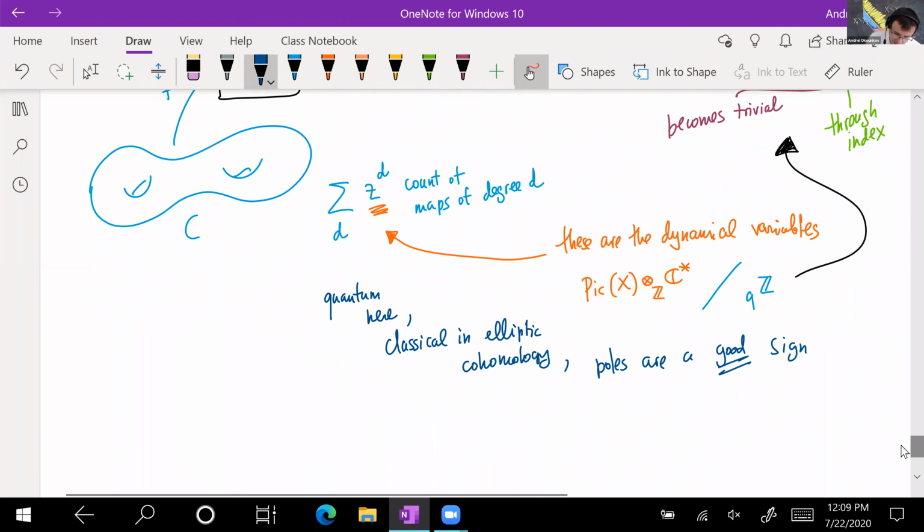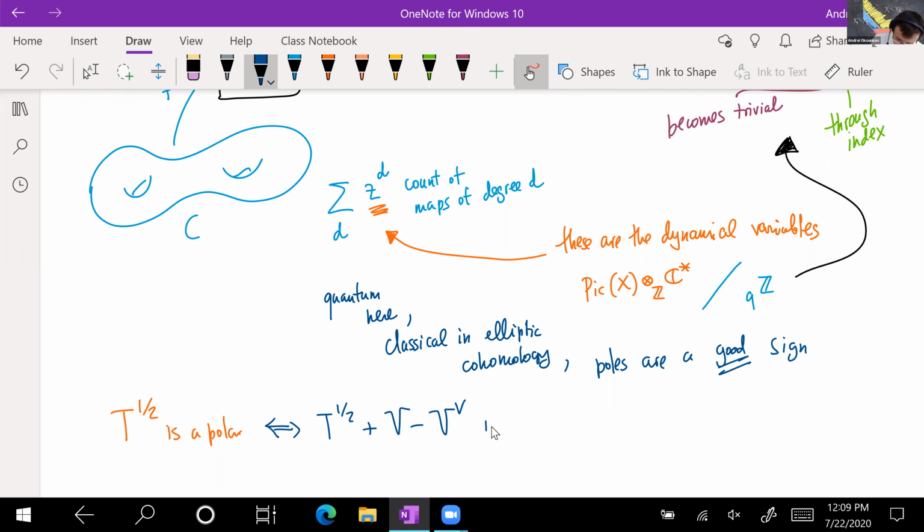Because if T is a polarization, this is if and only if, I can take T and add any bundle I want and subtract its dual, and it is a polarization. So if I have one, then you can have infinitely many, but they're not going to affect that, because if I take the theta bundle, that's going to cancel, I'll have the same theta bundle.